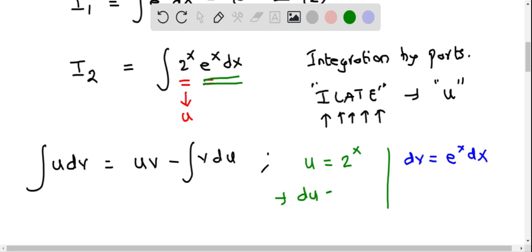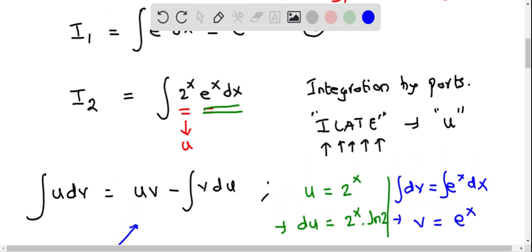That is du equals differentiation of 2 power x, using the derivative formula. This is 2 power x times of ln 2, and this side we have to integrate. So we integrate like this. Integration of dv is basically v, and integration of e power x is e power x.